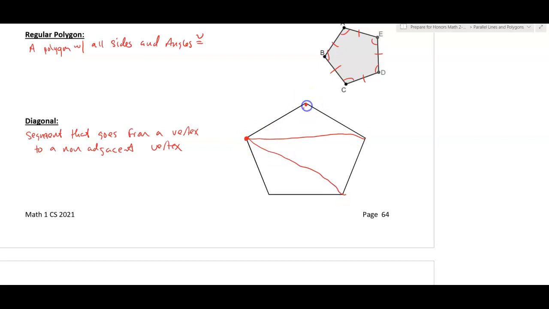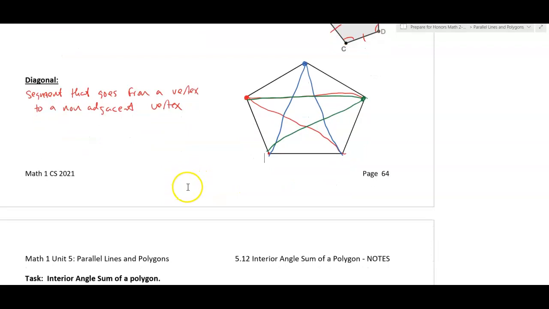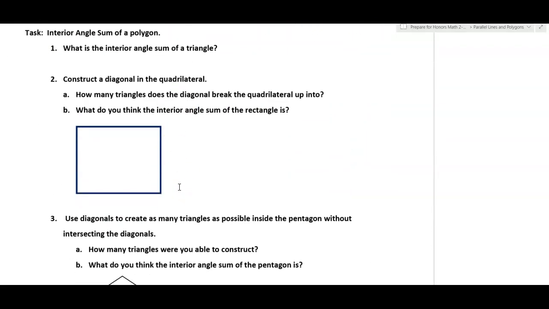You cannot draw a diagonal to these because those are adjacent. If I go to this vertex, I could get away with drawing this diagonal and this diagonal. If I go to this vertex, I have that diagonal, I have that diagonal. Okay, so a diagonal is a segment that goes from a vertex to a non-adjacent vertex.